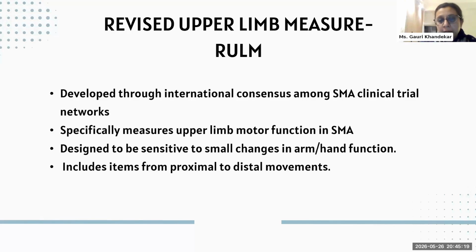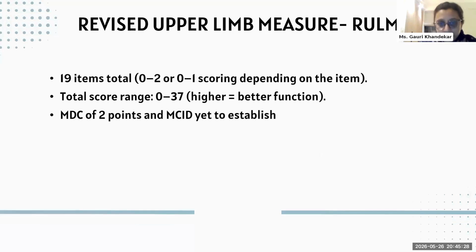There are items according to each joint, and it is a very sensitive test. It has 19 items scored 0, 1, 2, so the total score is 35. The MDC is 2 points, and the MCID is yet to be established.